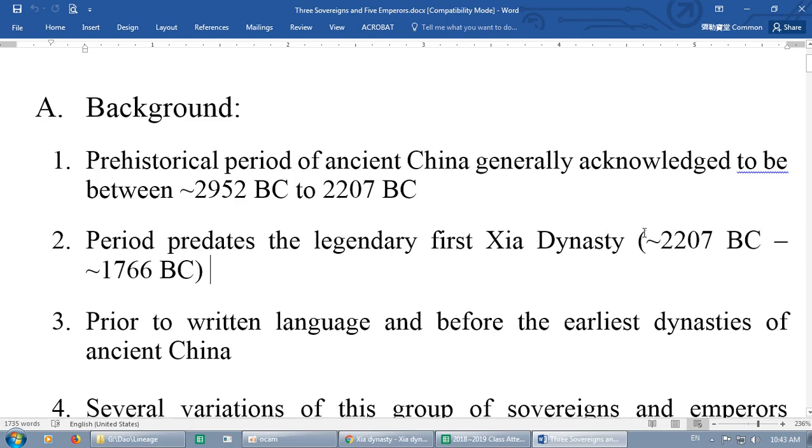So this period really predates the Bronze Age, or it's entering into the Bronze Age. When we talk about the 3 sovereigns and 5 emperors, it predates the Bronze Age even. It's roughly the end of what historians call the Neolithic age and pre-Bronze Age, that transitional period, believe it or not.